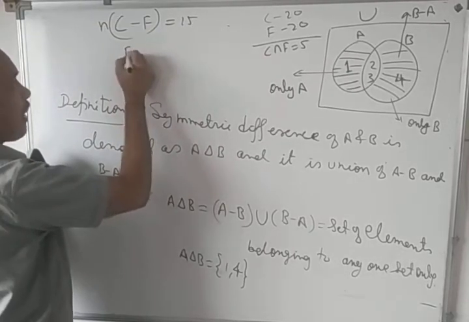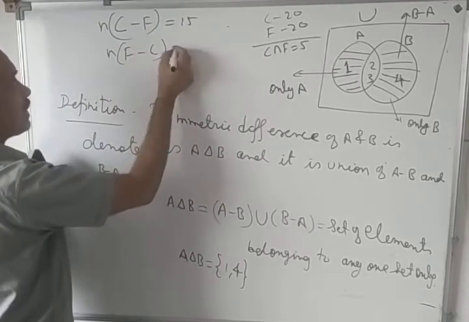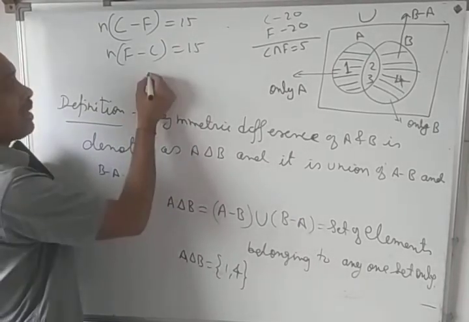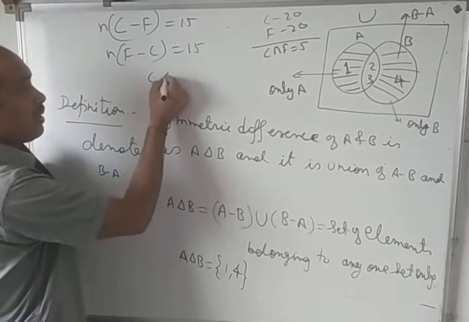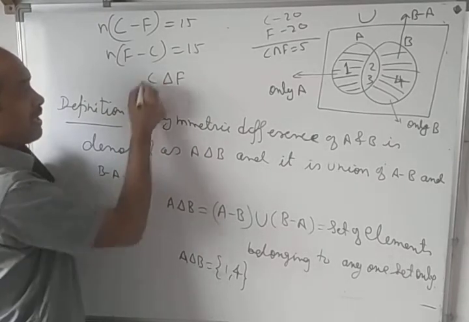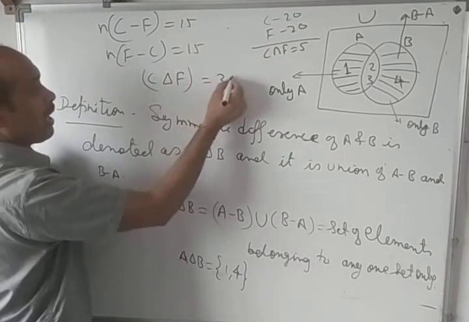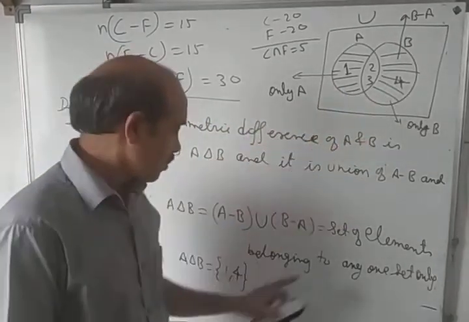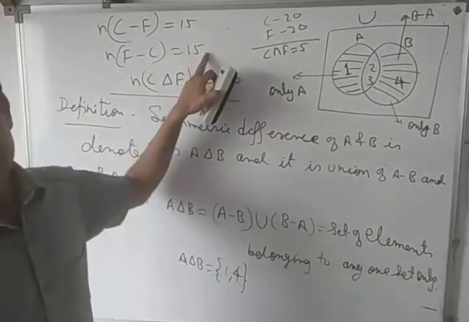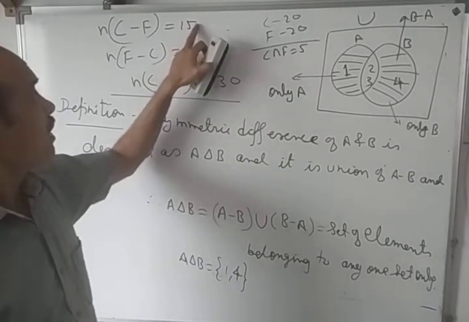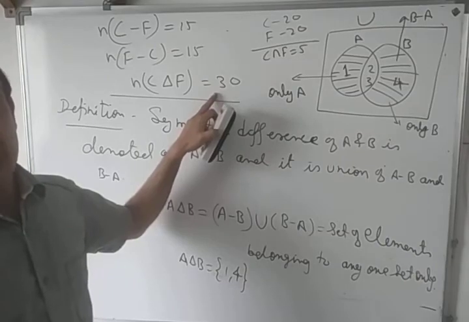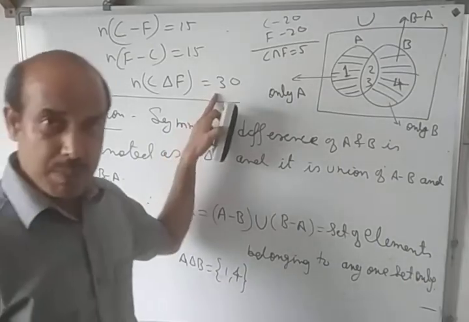F माइनस C इधर भी 15 होंगे, लेकिन जब हम C और F का सिमेट्रिक डिफरेंस निकालेंगे तो ये दोनों उसमें ऐड हो जाएंगे, इसका नंबर 30 हो जाएगा. जैसे यहां पर 1 और 4 दोनों आ गए, ऐसे ही ओनली क्रिकेट, ओनली फुटबॉल दोनों सिमेट्रिक डिफरेंस में आते हैं.